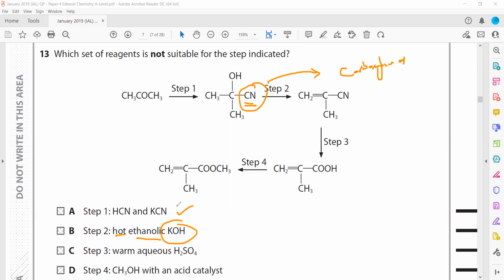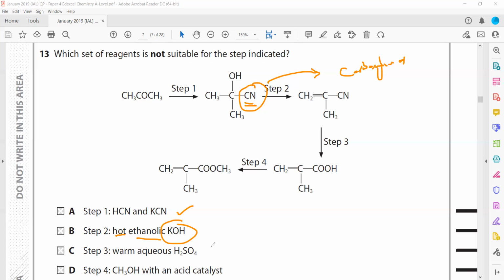If we were having a halogen alkane and we use ethanolic or alcoholic potassium hydroxide, elimination reaction occurs. So this reaction is only possible to convert a pure halogen alkane into alkene, but not this one. So that's why step 2 is not correct.